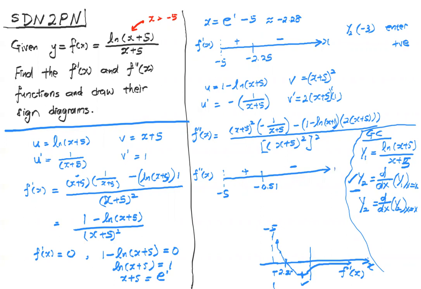If algebraically you are not good, listen here. In your SAT, if you are able to do until here, you use your graphic calculator to produce your sign diagram correctly, then I will mark.